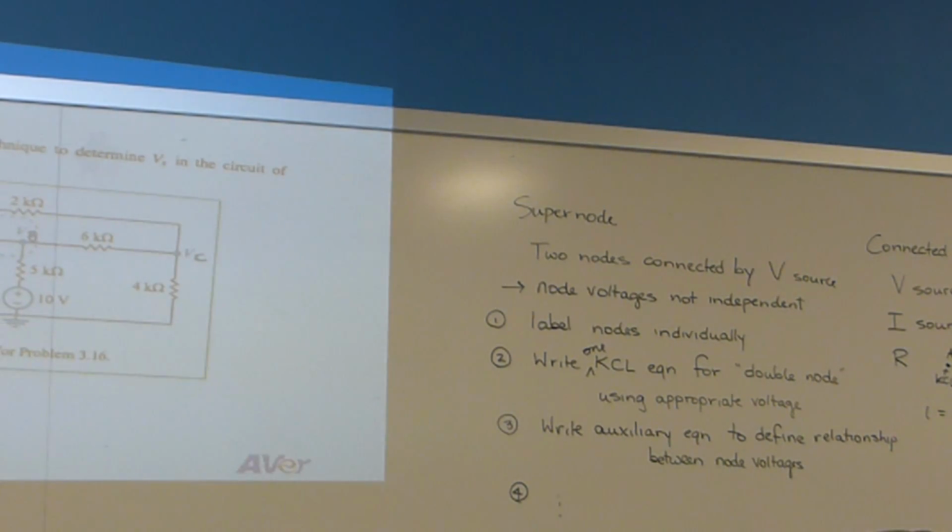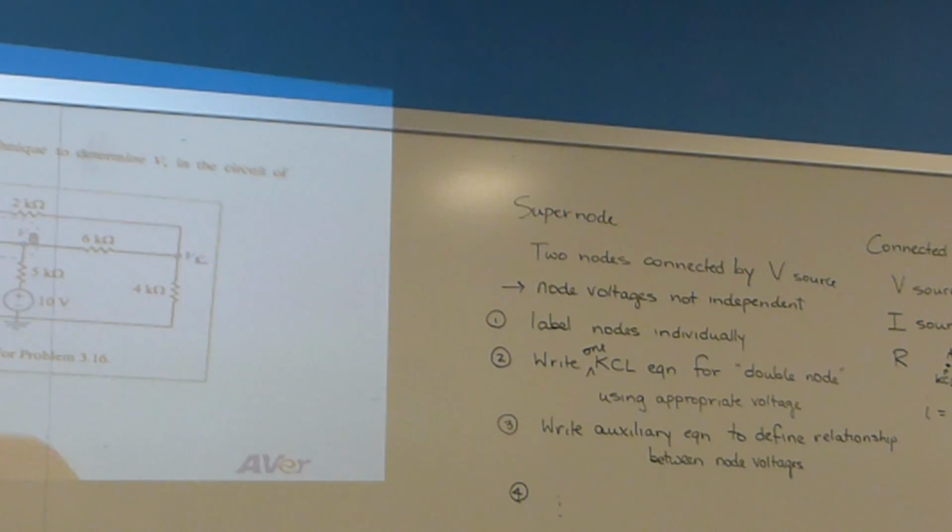So KCL at node C. We can keep in all the 4 Ks. We just know that if we turn them into 4 instead of 4K, instead of dividing by 4,000, if we only divide by 4, that's a milli. So I'm going to keep in the 4 Ks, but know that you can also drop the K and just insert a milli in your current answer, because 1 divided by 1,000 is a milli.